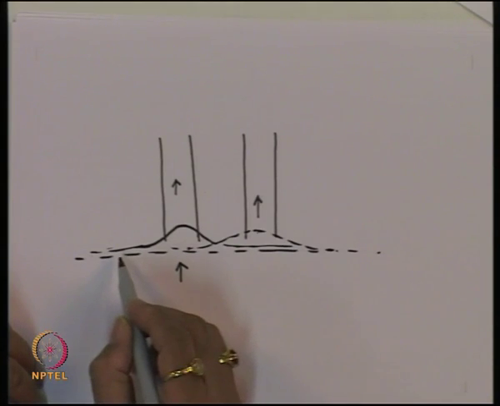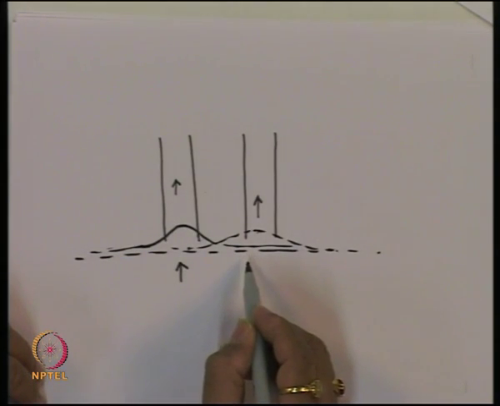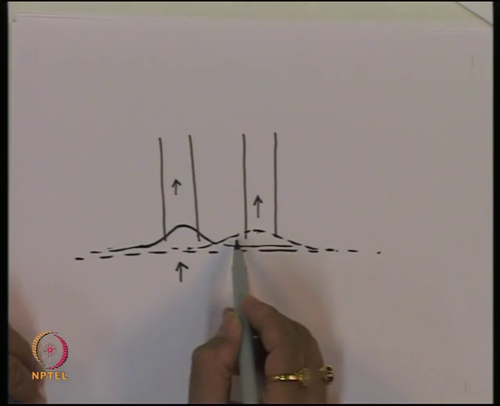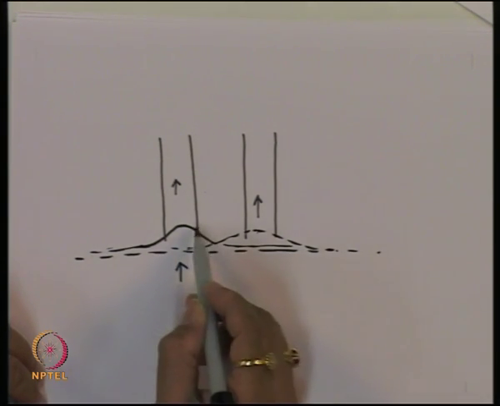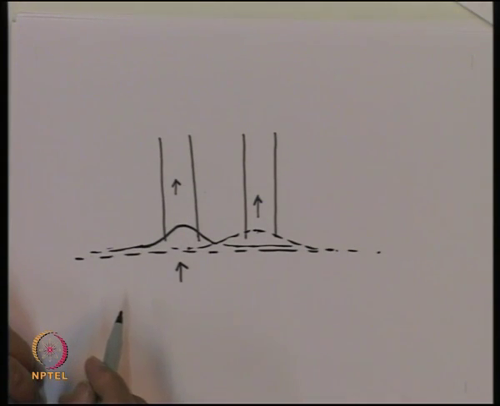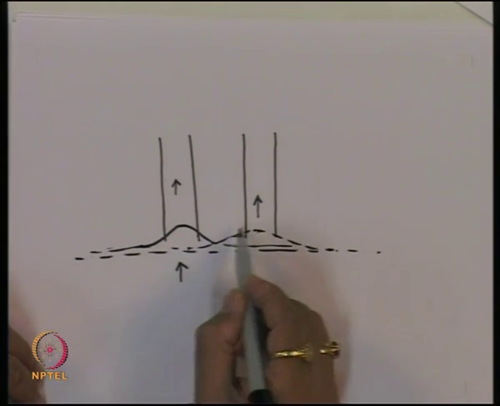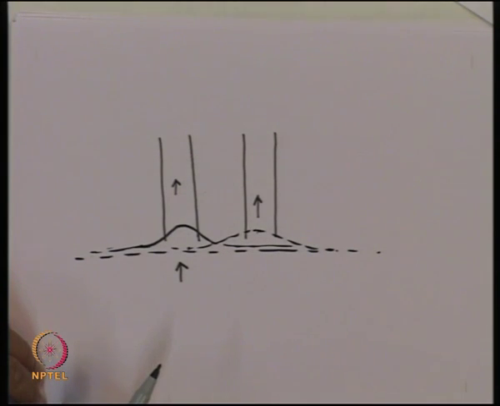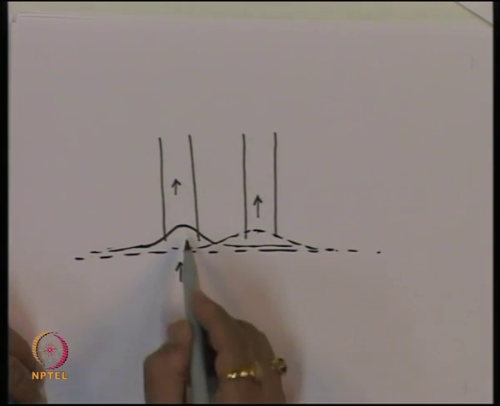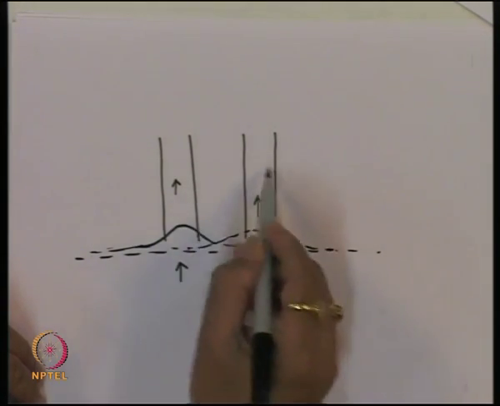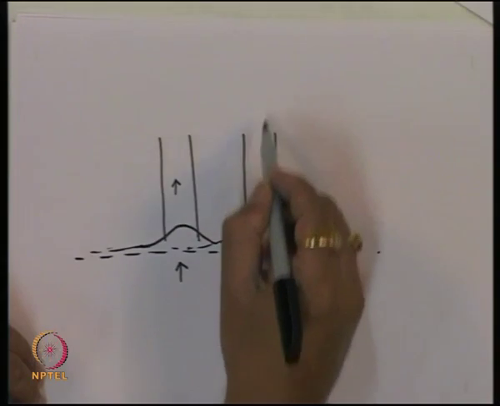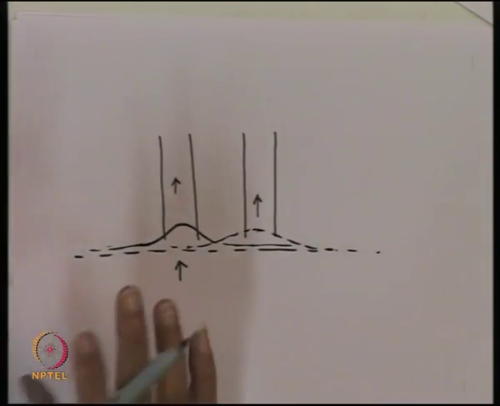So, initially although we excited this waveguide, just because of the coupling through these evanescent fields which are extending much beyond this channel waveguide, the power will get coupled to this waveguide. And not only that, as this remains, the power will go on coupling to this waveguide, and the power on this will go on building, and the power on this one will go on reducing.